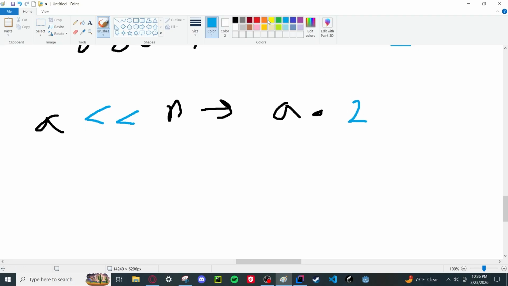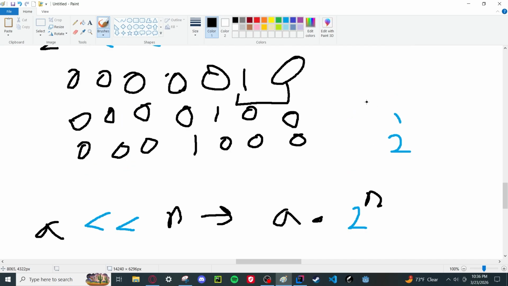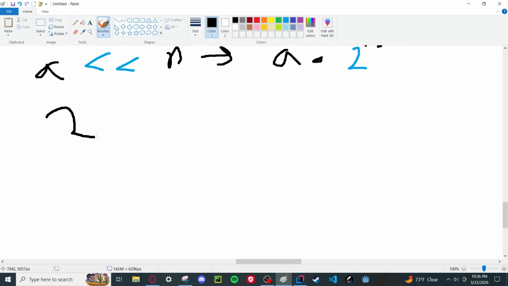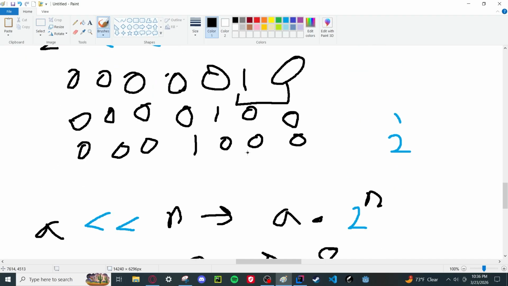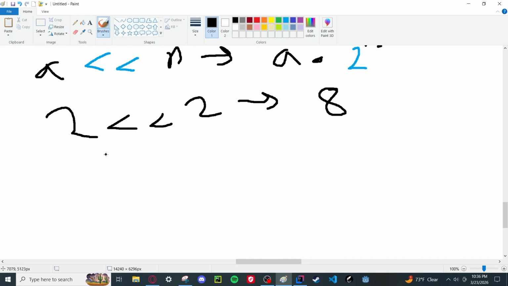If we refer to this as A, left shift N, the formula is A times 2 to the N. So if we're doing 2 left shift 2, we would actually receive 8 as our number. We can check that: 1, 2, 4, 8, yeah, we got 8.